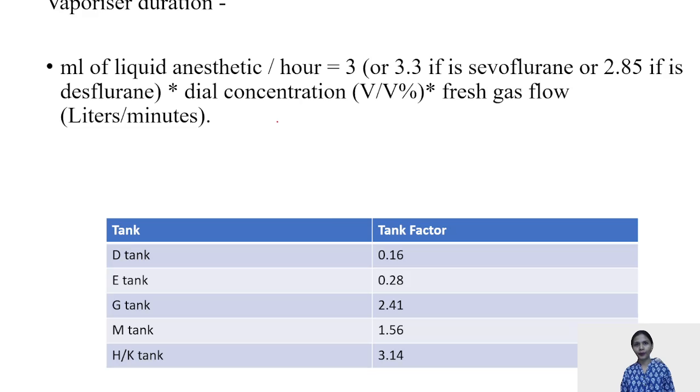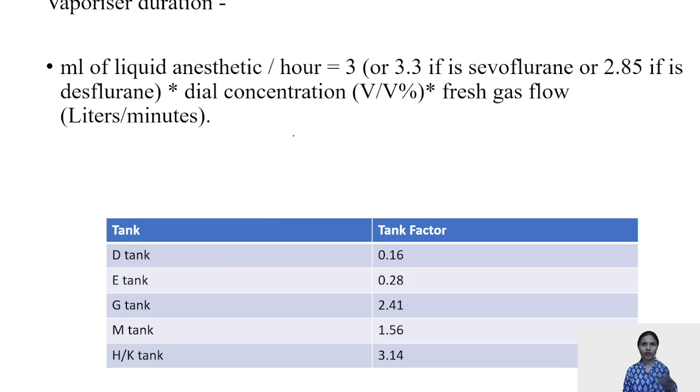That was your oxygen cylinder, how much oxygen for how long it is going to deliver. The same applies to vaporizers. How many ml of liquid per hour is the vaporizer going to deliver? This is very important for you, especially for long surgeries. If the surgery is going for 8 hours, you have to see that the amount of inhalational agent that you have put in the vaporizer is sufficient. How is that decided? For example, it is generally taken like 3.